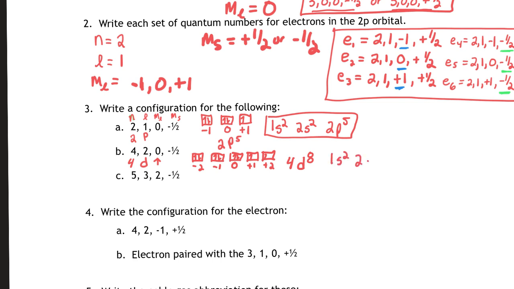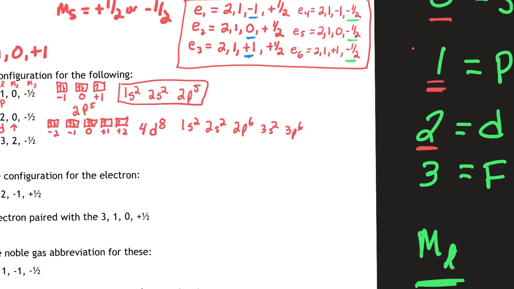1s2, 2s2, 2p6, 3s2, 3p6, continue over here, 4s2, 3d10, 4p6, and I continue down below, 5s2.